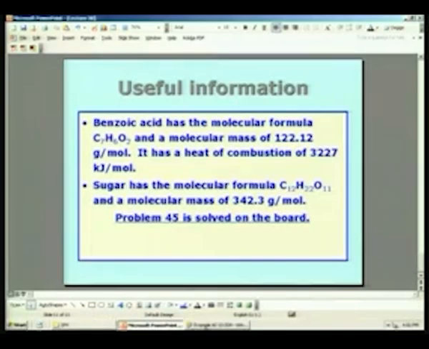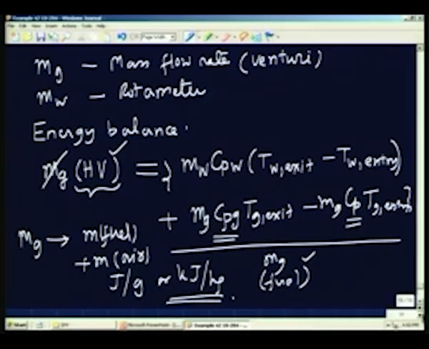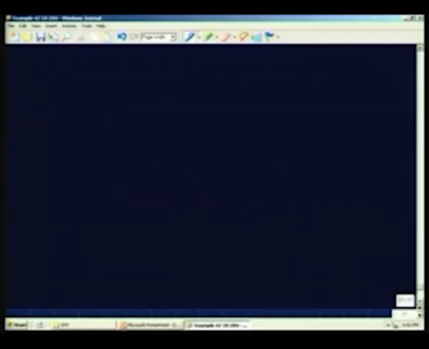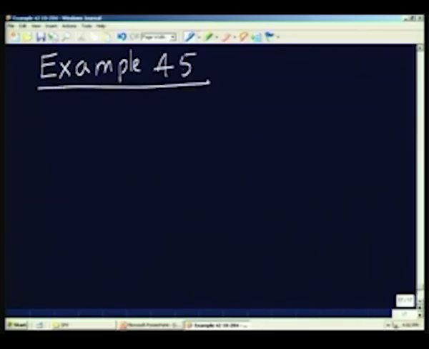So, let us look at the solution to the problem. This will be example 45. What I will do is, the problem requires some background. We have to understand what we are trying to measure. So, I will provide the background as I go along and also solve the problem subsequently.